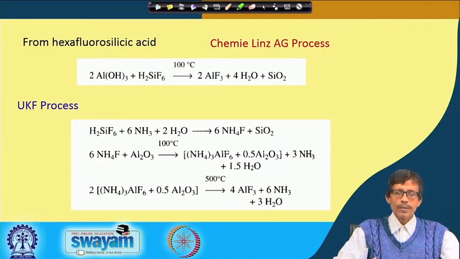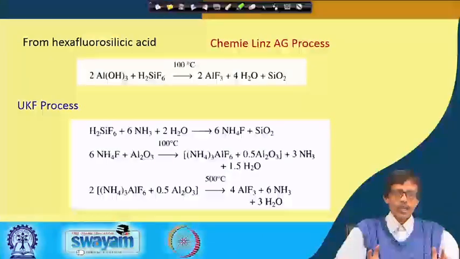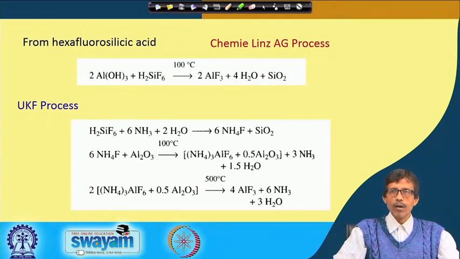So, though it is a very simple 3-step process, for this particular material you increase the temperature to 500 degree centigrade. When you increase the temperature to 500 degree centigrade, the double salt, when you have excess alumina in it, decomposes at that higher temperature.